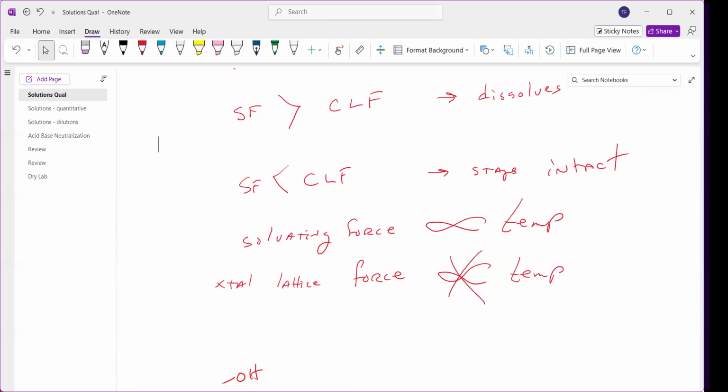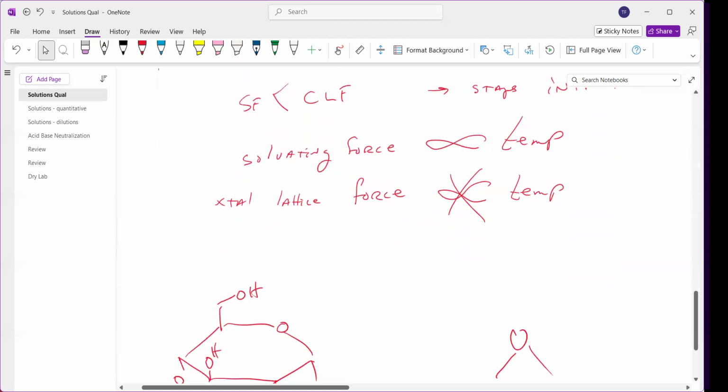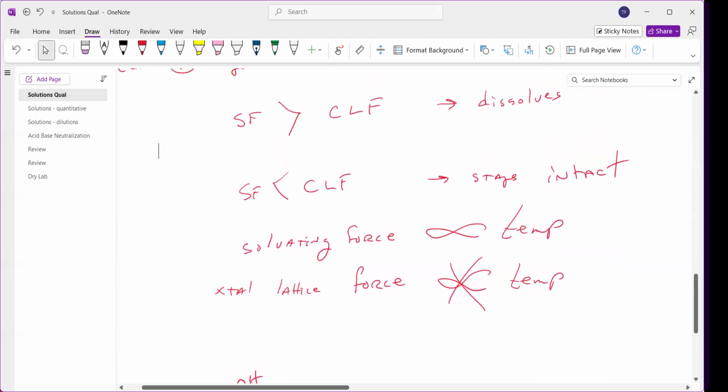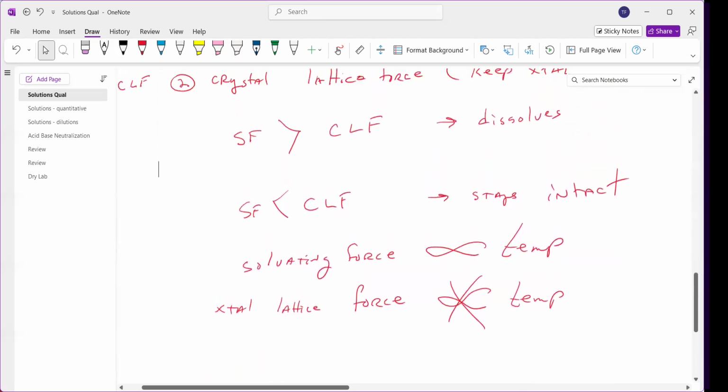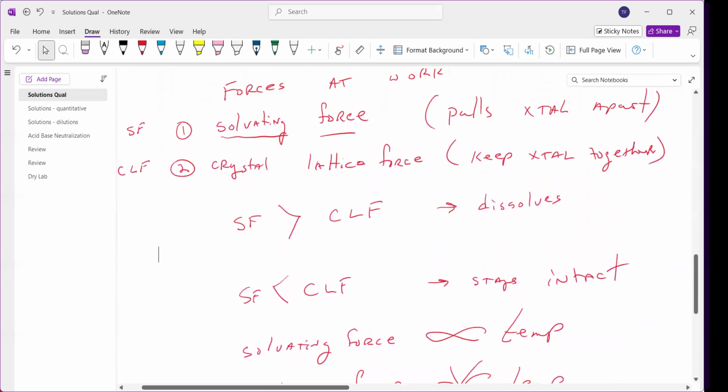Temperature goes up with crystal lattice force, nothing happens. So know these forces, how they interact. One keeps it together, one pulls it apart. Oh, crystal, abbreviation for crystal, sorry.